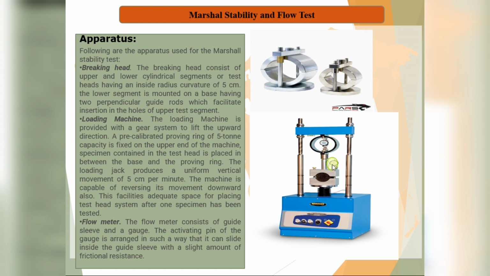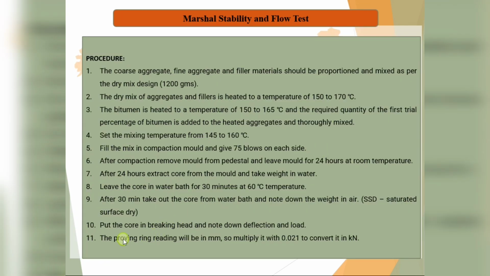One needle is for millimeters, showing how much deflection, and the other needle shows how much load you are applying. After noting down the deflection and load, the proving ring reading will be in millimeters, which you need to multiply by 0.021 to convert into kilonewtons.